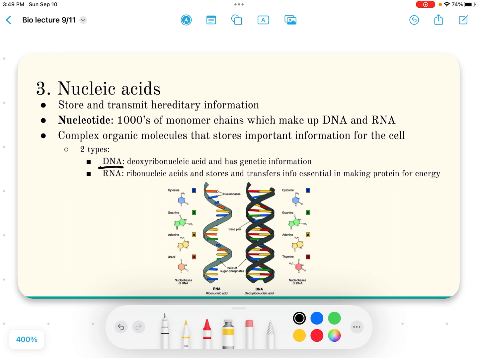Your RNA, which is ribonucleic acid, stores and transmits information into making proteins. So the RNA is single-stranded, unlike the DNA, and it has copies of half of our DNA, pretty much, for the most part. It has a different nucleotide inside of it, and it's going to tell you basically what kind of proteins your body makes and at what rate we need to start making those proteins that our body needs.